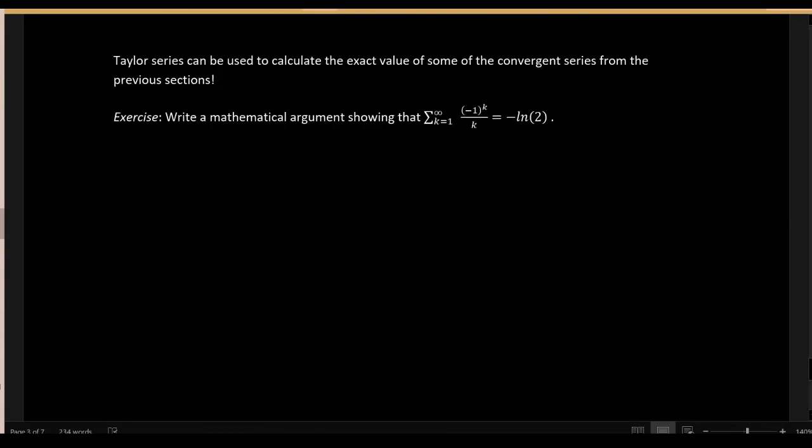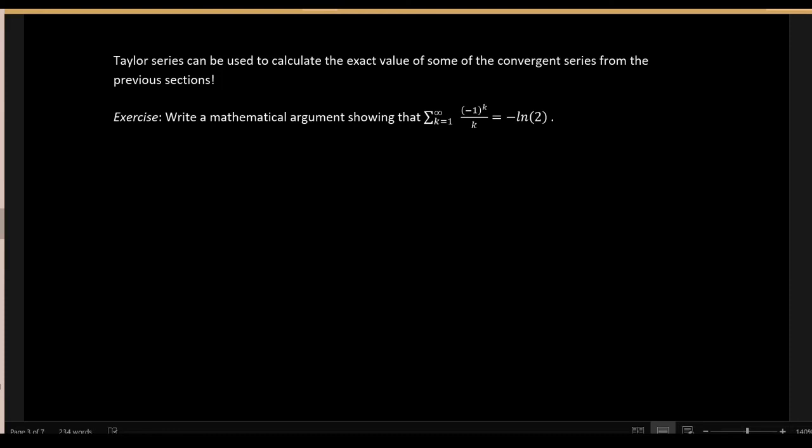Now one of the major benefits of having a Taylor series is that it can be used to calculate the exact value of some convergent series that we encountered in previous sections. For example, we have this alternating series, sum as k goes from 1 to infinity, negative 1 to the power k divided by k.